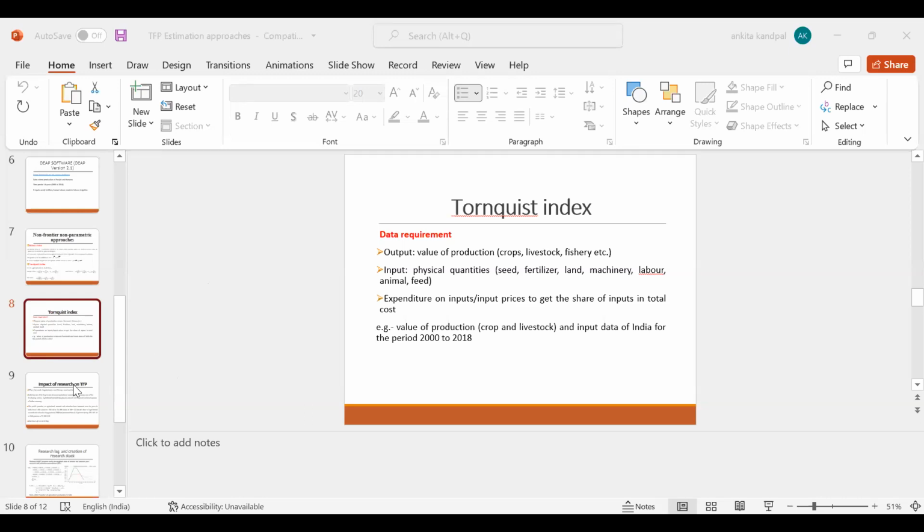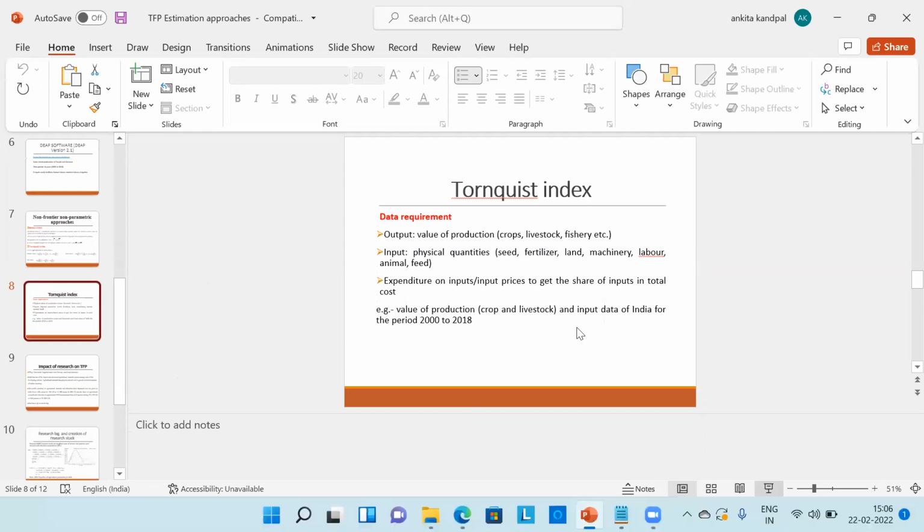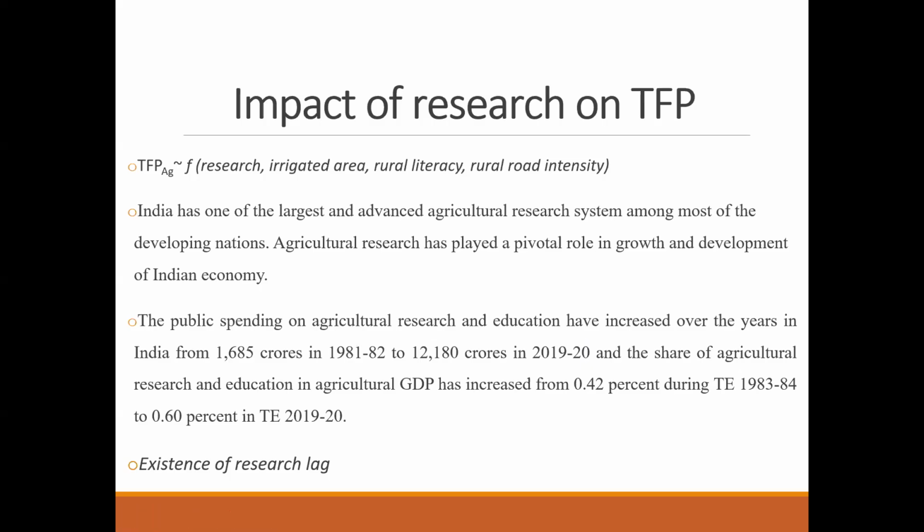Next is the impact of research on TFP. TFP is affected by a lot of factors like research, irrigated area, literacy, terms of trade, rural road intensity, etc., and education also.